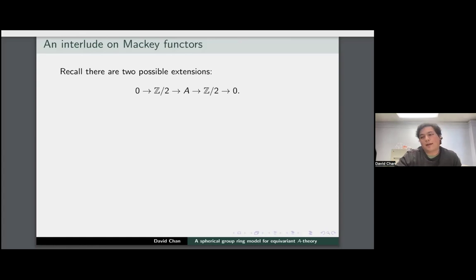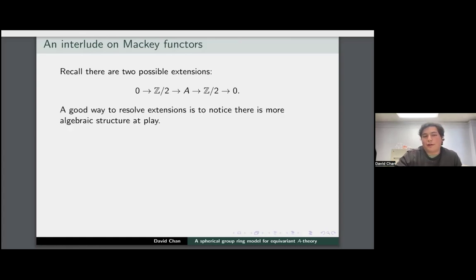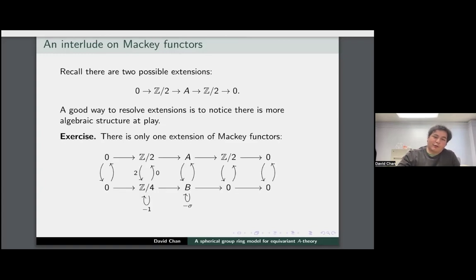And one way that you can use to resolve these kinds of extensions is to realize, well, maybe I was working with something more than abelian groups. For instance, if you work over F2, there's only one extension because you're working over a field. But another way that you could do this, instead of passing to working over a field, is to work over Mackey functors. So here's an exercise.